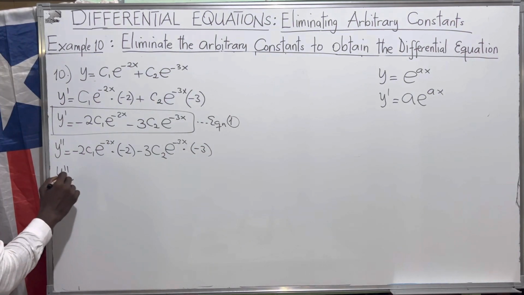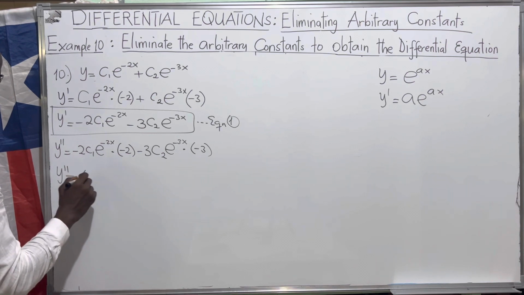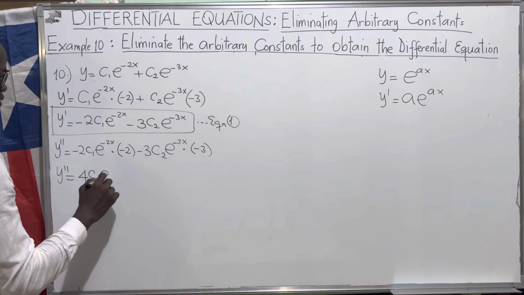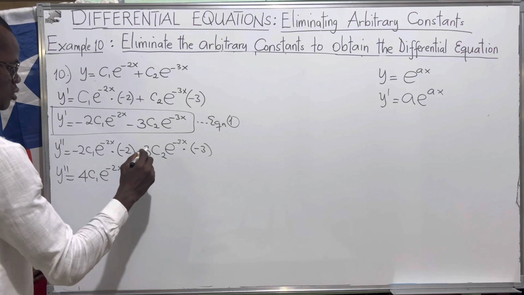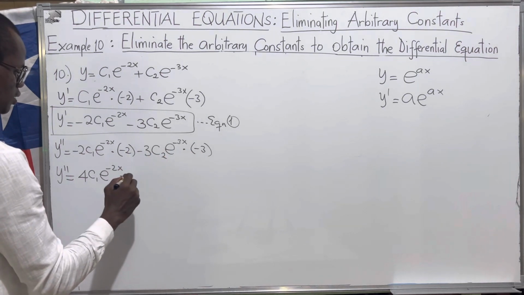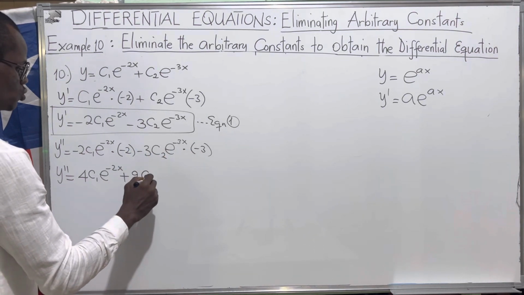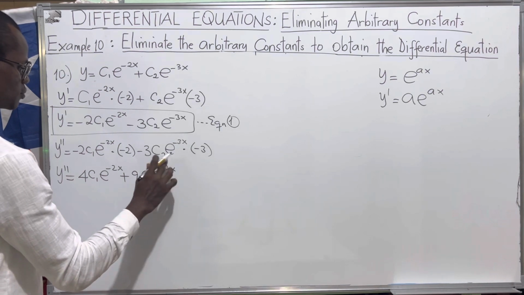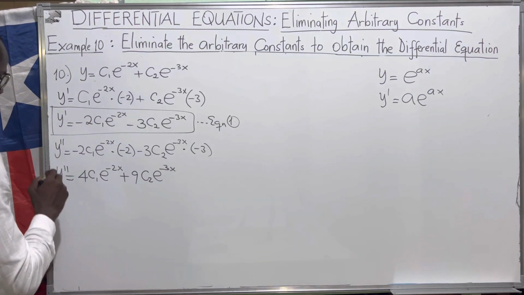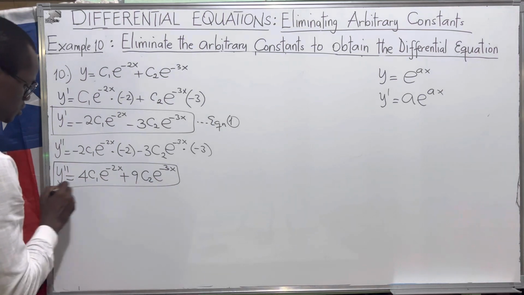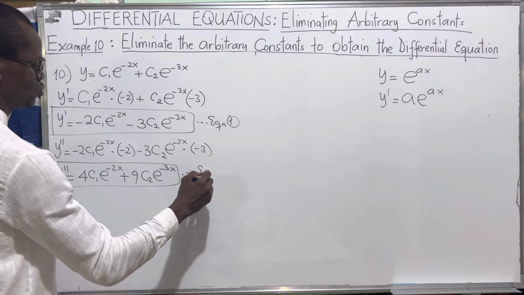So y prime prime equals, 2 times 2 is 4, c1 e raised to the power minus 2x, and 3 times 3 is 9, positive 9 c2 e raised to the power minus 3x. Now this is equation number 2.